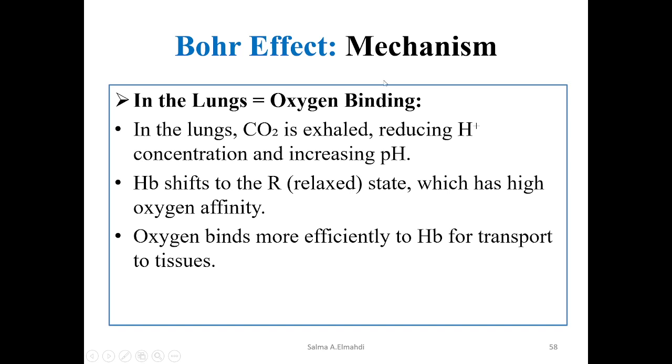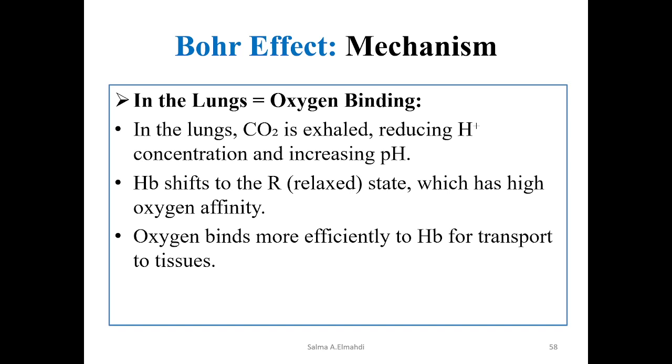On the other hand, in the lungs, you need oxygen binding. Oxygen is present, and you need to upload oxygen into the hemoglobin molecule. We also need to exhale carbon dioxide. So in the lungs, carbon dioxide is exhaled, reducing proton concentration, increasing pH.